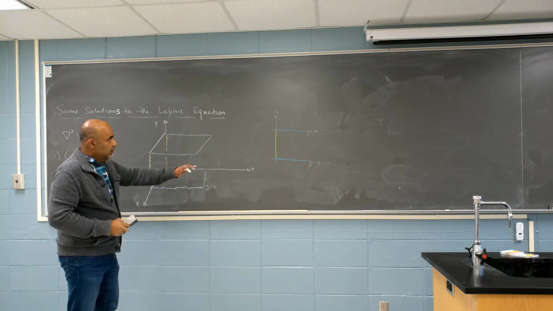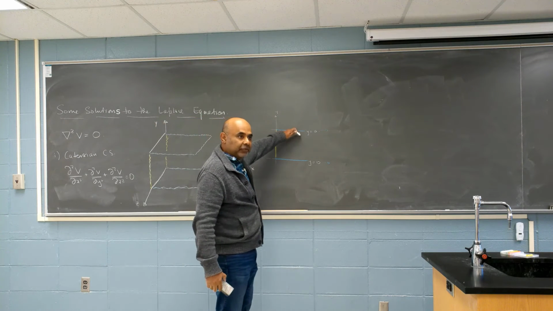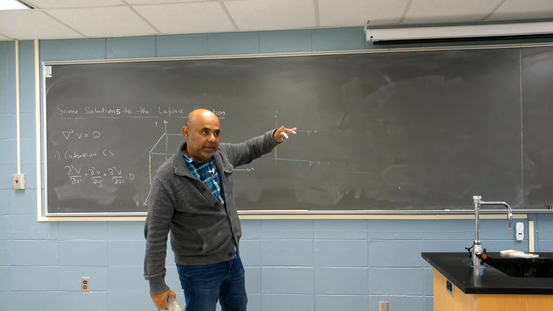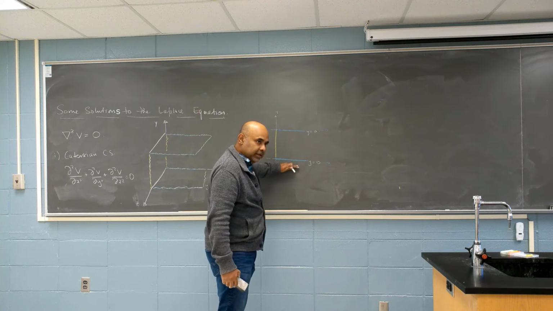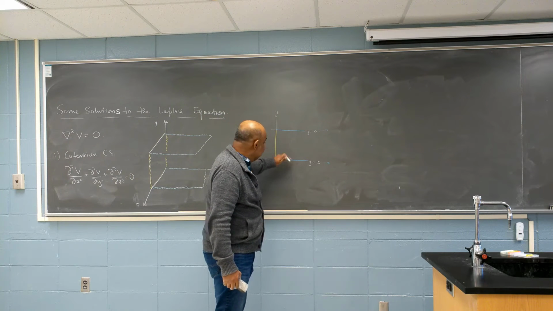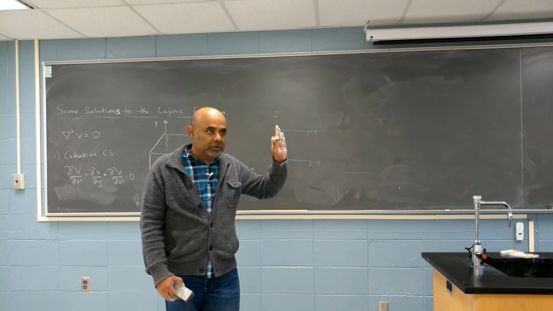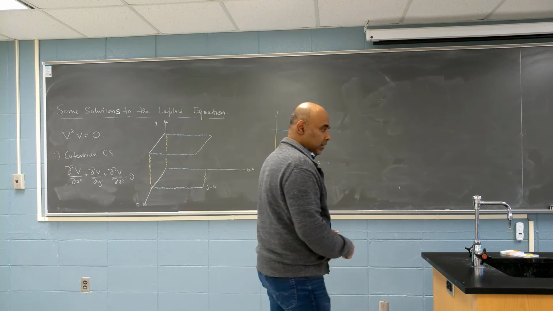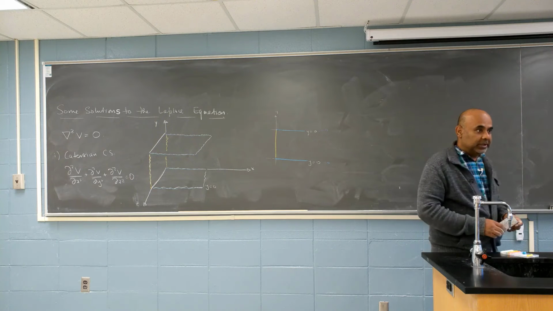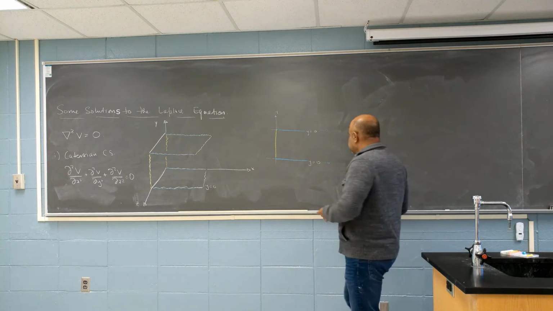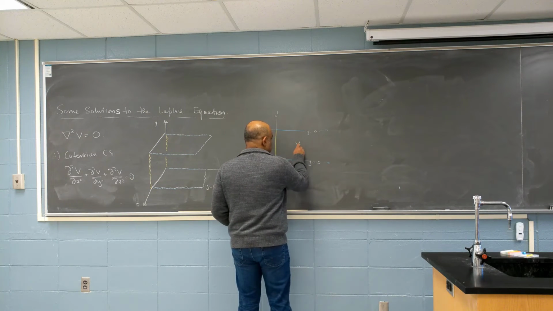So the entire half plane is a conducting plane. This entire half plane is a conducting plane. And between these two conducting planes, there's an infinite strip of conductors. What we're interested in is finding the potential here.